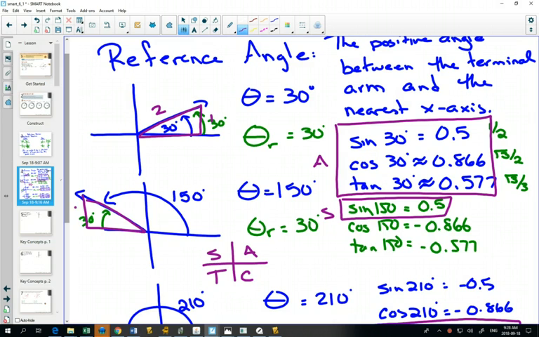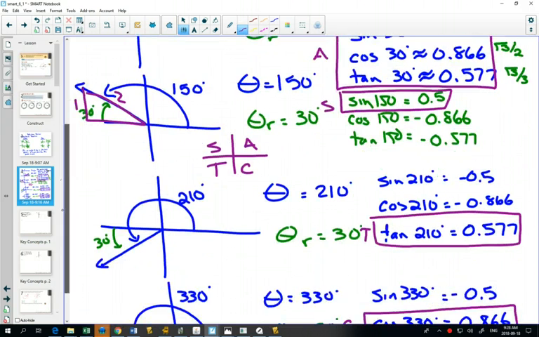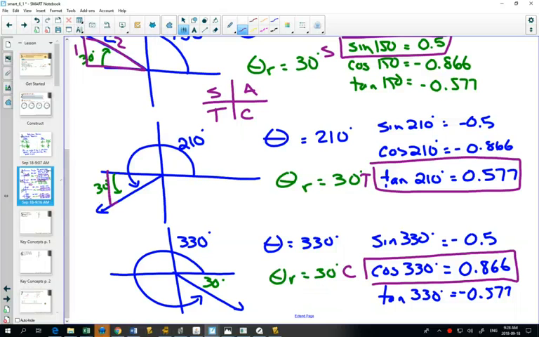I mean, it might be 1 and 2 again. Maybe I drew this one a little bit bigger. It's 1.5 and 3. But it doesn't matter how big or how small, that ratio stays the same. And sure enough, you could draw triangles in quadrant 3 and quadrant 4, and you have the half as well.